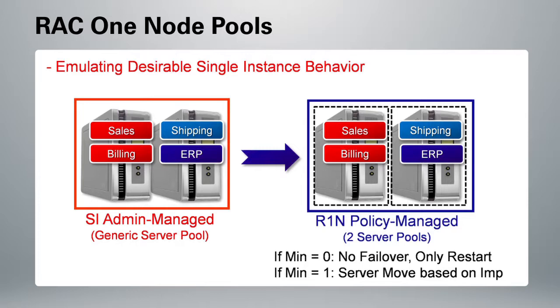So for example, I can have a set of pools where min equals 1, and it would steal a server from a less important pool. Or I can set min equals 0, and the servers will just restart the instances. So I get to do it both ways with RAC One Node and policy managed. Needed flexibility when I'm deploying database as a service.